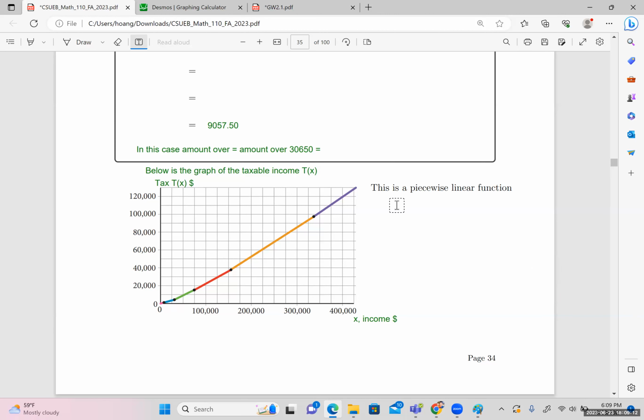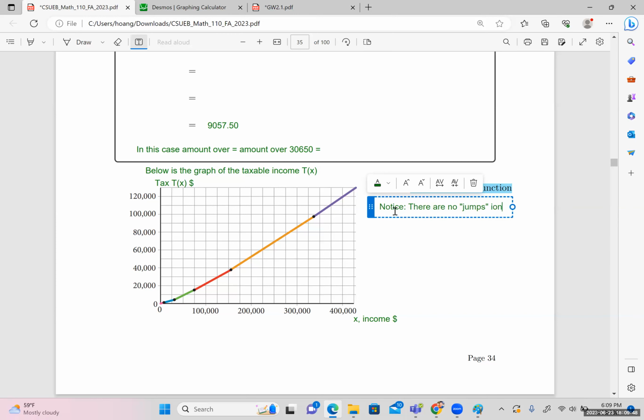So in this case, the function splits into linear functions for each piece, and we call it a piecewise linear function. And notice there is no jump in this case.